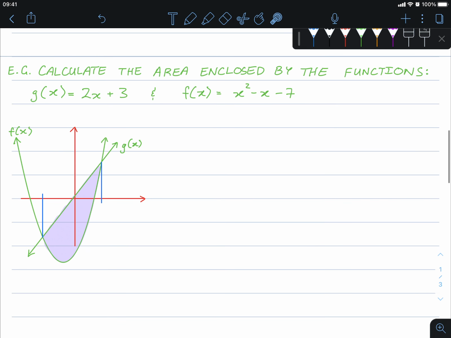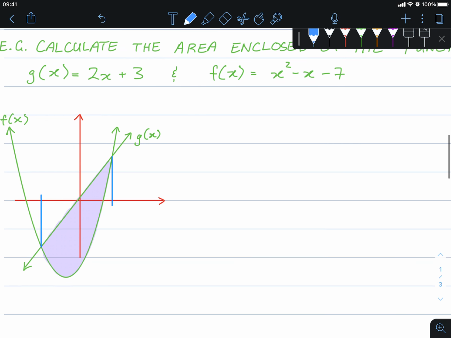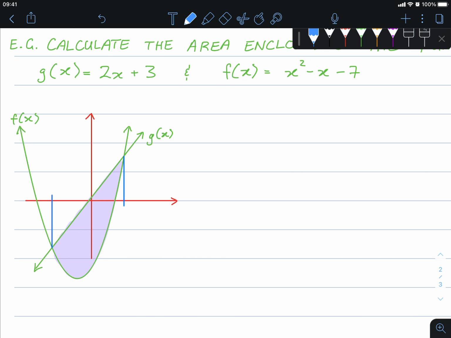So let's calculate the area enclosed by the functions g of x equals 2x plus 3 and f of x equals x squared minus x minus 7. The first thing we need to do is figure out the interval we are calculating the area between. For this, we're looking for the points of intersection of both.